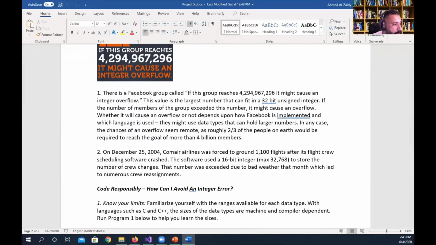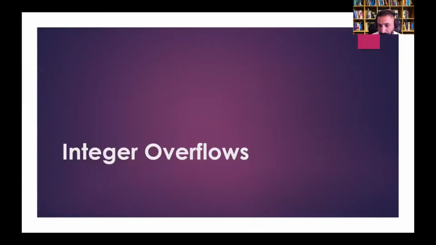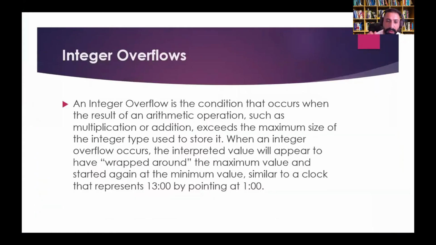So if we go to the simple lecture that I provided for you, and I will post it for you as supplement material, what is the meaning of an integer overflow? Integer overflow is the condition that occurs when the result of an arithmetic operation, such as multiplication or addition, exceeds the maximum size of an integer used to store it.